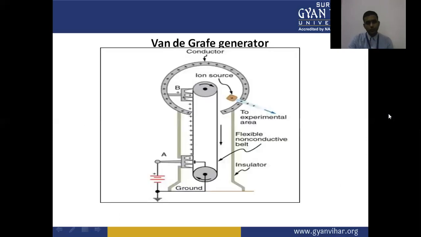This diagram shows the Van de Graaff generator, and in this we have a conductor having positive charges inside of it, and we have an ion source which generates the ions, and a flexible non-conductive belt to experimental areas, and we have insulators, then a ground, and a supply voltage.